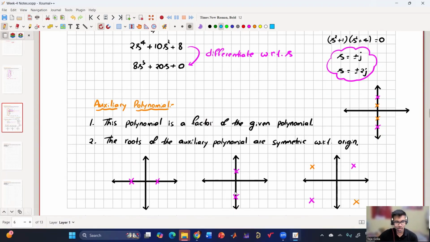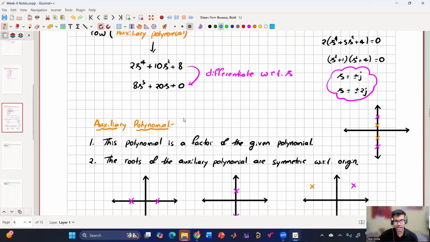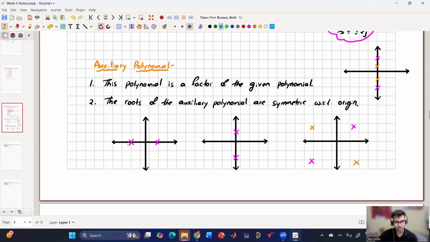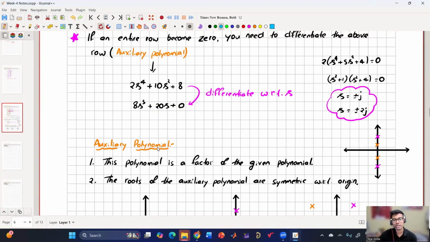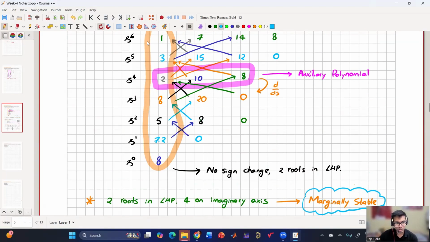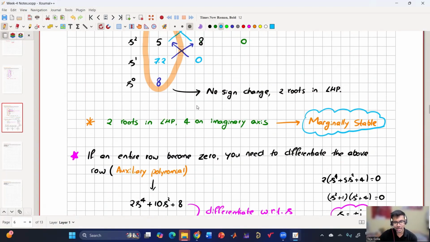So from the auxiliary polynomial, say instead of s square plus 4, say it is s square minus 4 equals to 0, then s will be plus or minus 2. So we'll know that one root is on the LHP, one root is on the RHP. So then we'll know one root is in the RHP. And for the remaining roots, we have to come back to the first column and then we'll get the overall roots location. And based on the overall roots location, then we can comment on the stability.